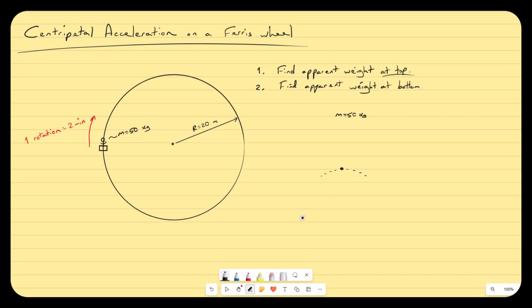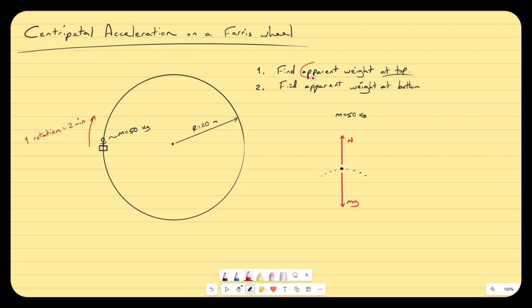I like to draw a little bit of a curved path so that I remind myself just what's going on. I'm going to have mg pointing downward, and a normal force from the seat pointing up.